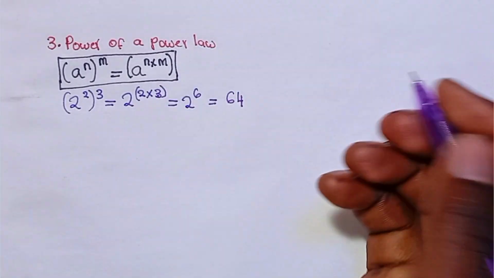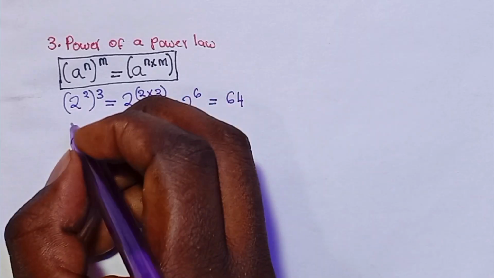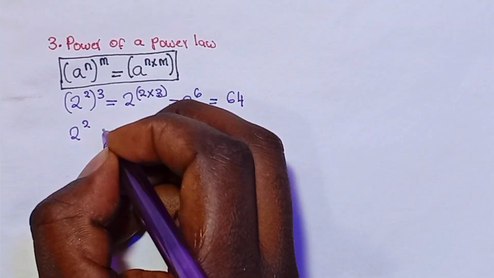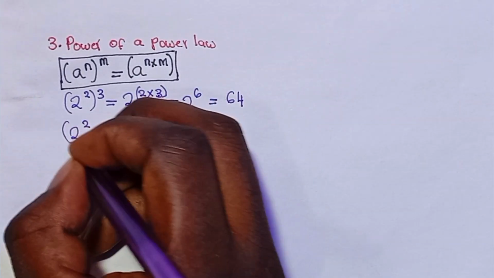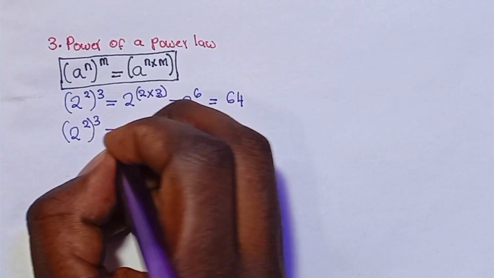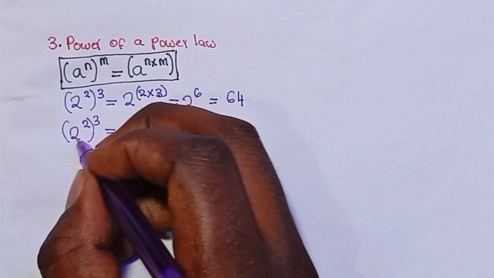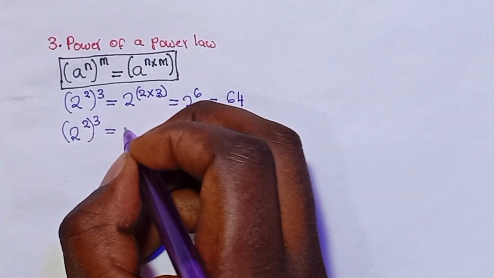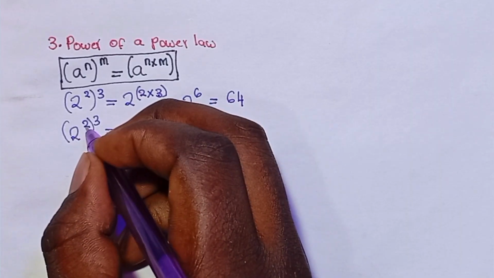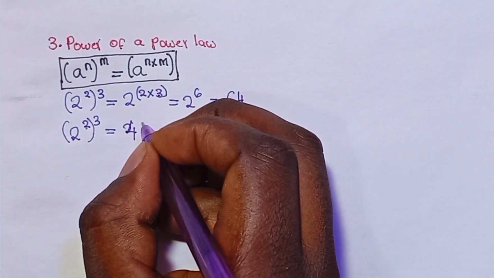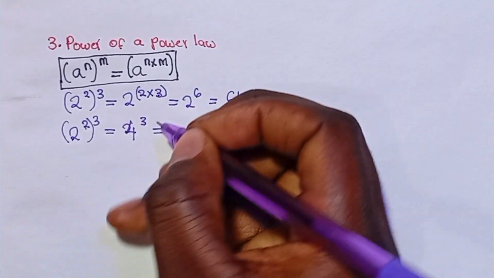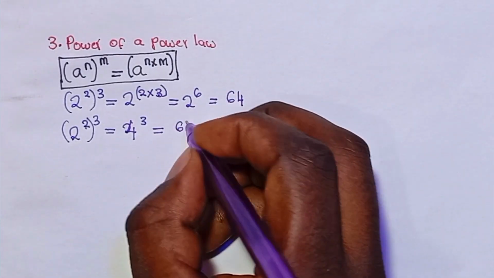So we can also use another method, that is method 2. We have 2 squared raised to 3, which is the same as, we can raise this one first, 2 raised to 2, which will be 4 raised to 3. So this one is going to be 64.